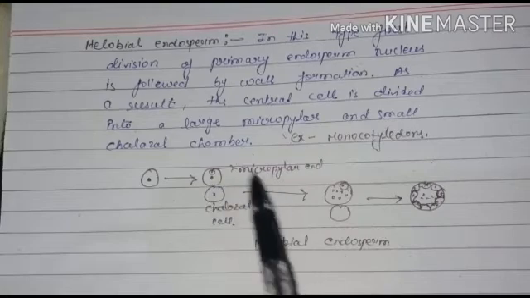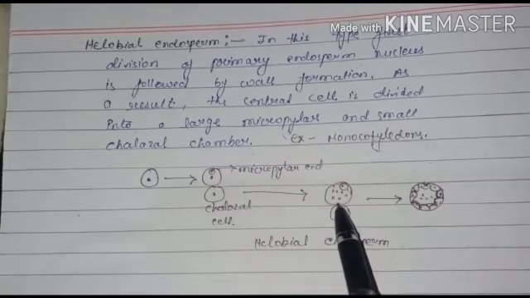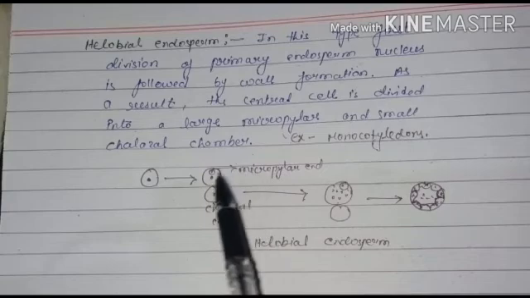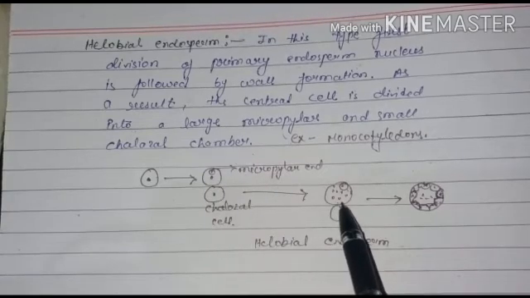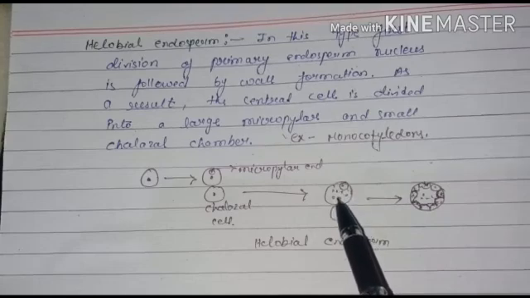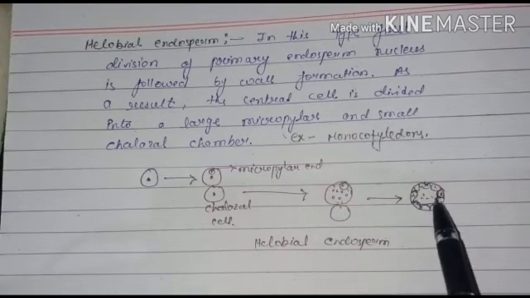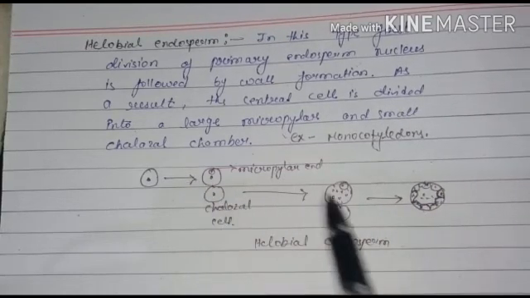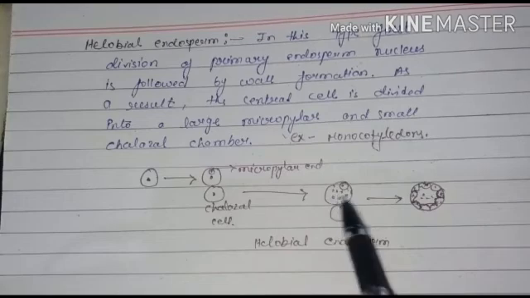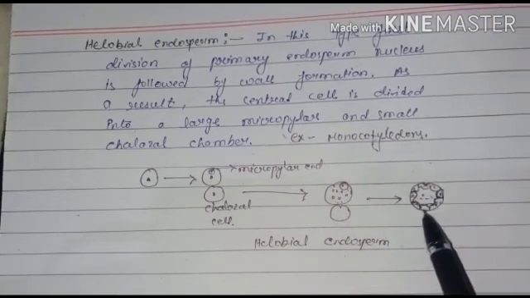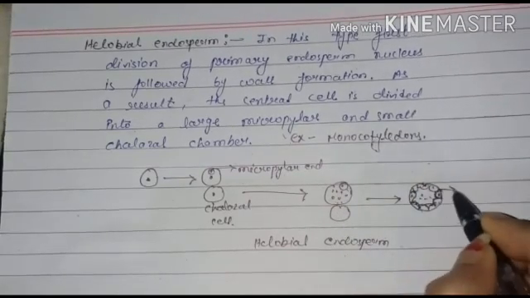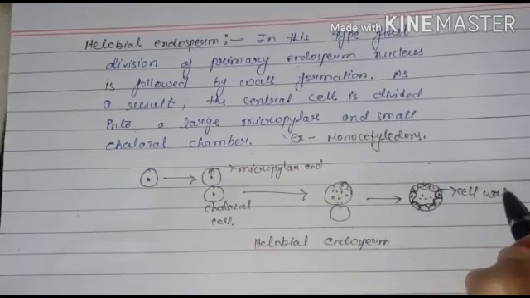Later it will divide again; nuclear division occurs. The micropylar end again goes through division, so many free nuclei are there, meaning nuclear division occurs, and later a vacuole forms, and the vacuole pushes all the nuclei towards the peripheral side, and it will form cells. So here free nuclear division occurs, and later cell wall formation also occurs. So we can say both types of endosperm occur here: free nuclear division and cell wall formation.